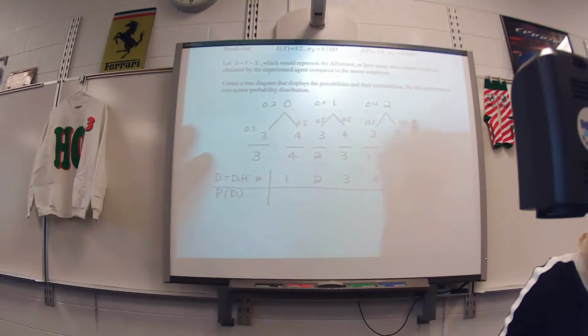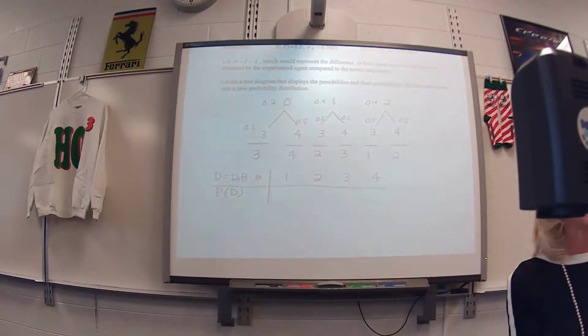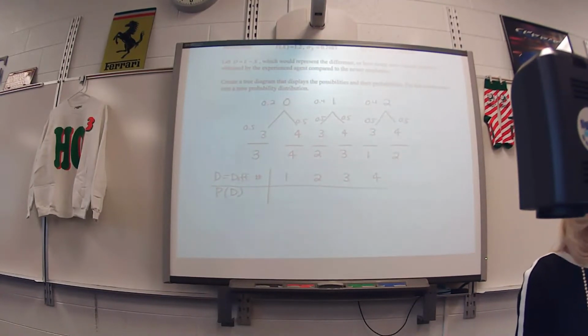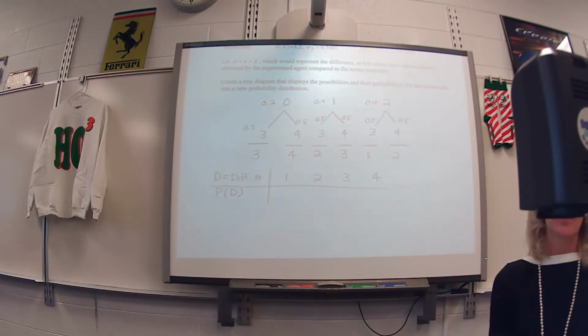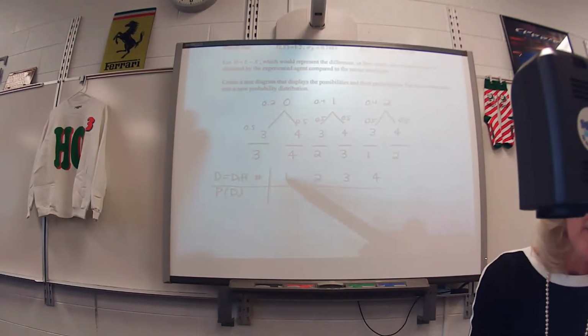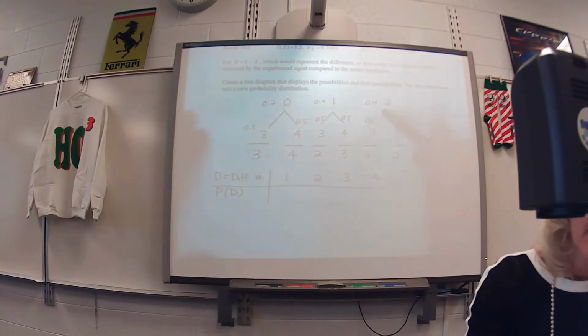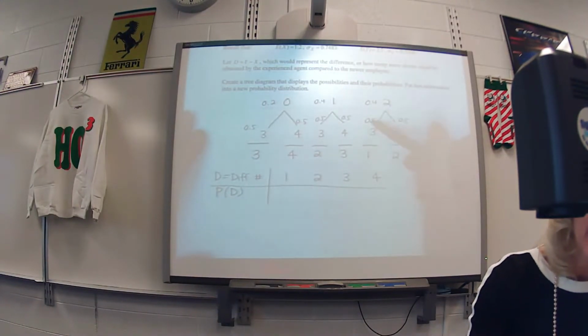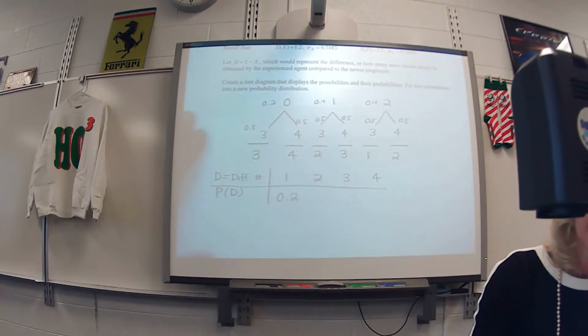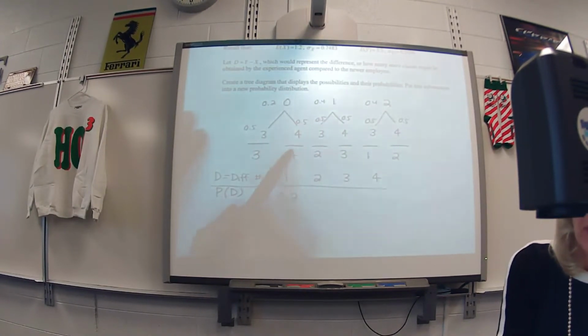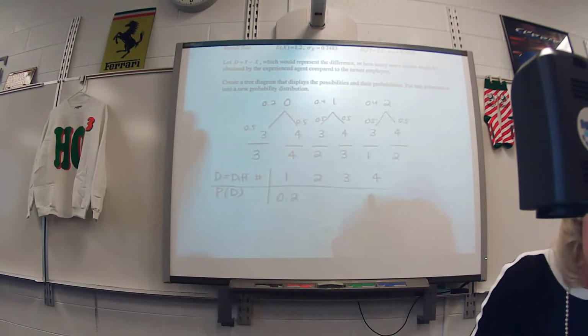Now, it should not surprise you if you think about it, that we're going to come up with the same probabilities. They're going to be in different spots, though. So the probability of having a difference of 1, that's this trail. That's half of 40%, which is 20%. The 4 is only this trail, which is half of 20%, which is 10%.